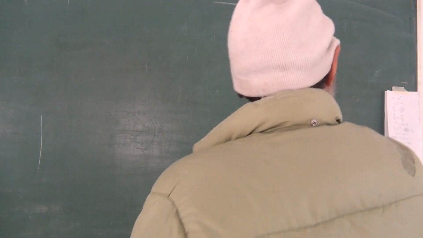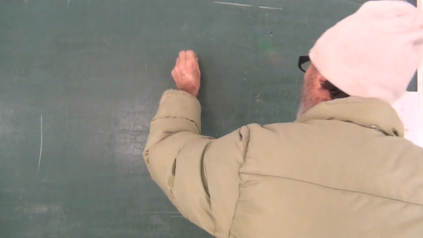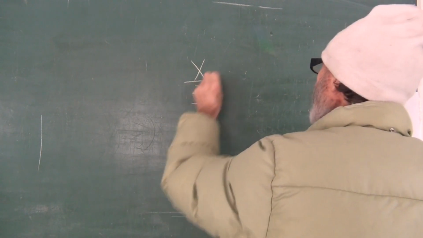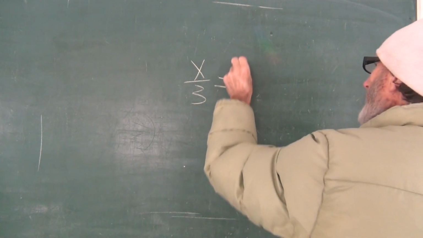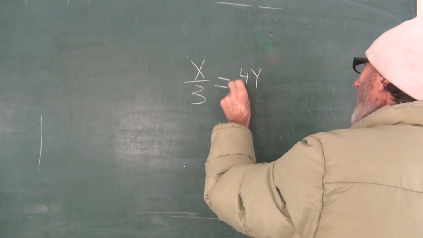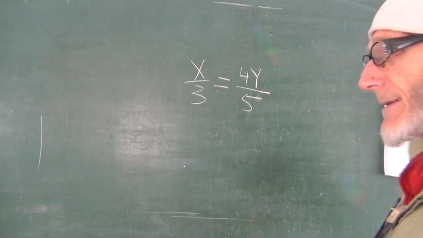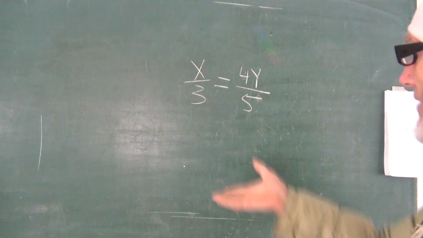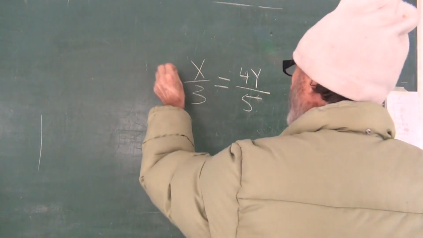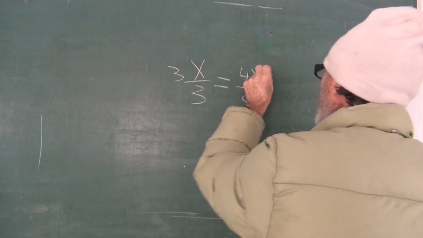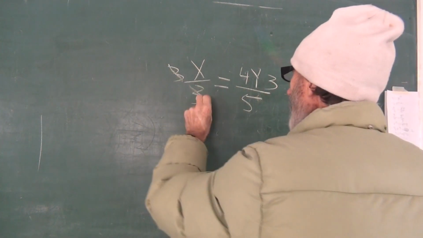Okay, moving right along. How about x over 3 equals 4y over 5? Just a little random thing here. Well, clearly, if you want to get x by itself, just multiply both sides by 3, and then those would cancel out.